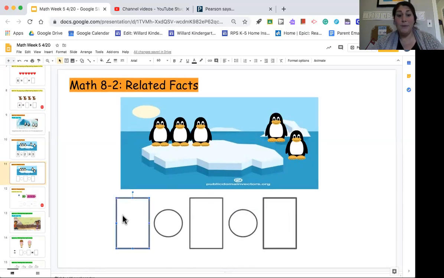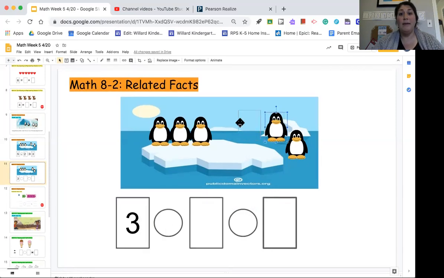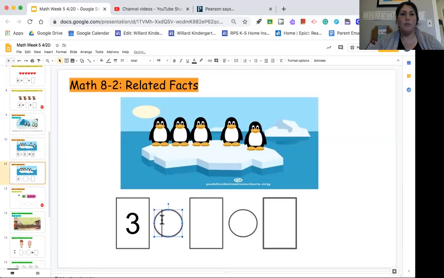They're on that iceberg. The 2 penguins that went to get food are coming back. How many are now back on the iceberg? So we have 2, and now we're taking our 2 groups and we're putting them together. So pause the video and try this one.